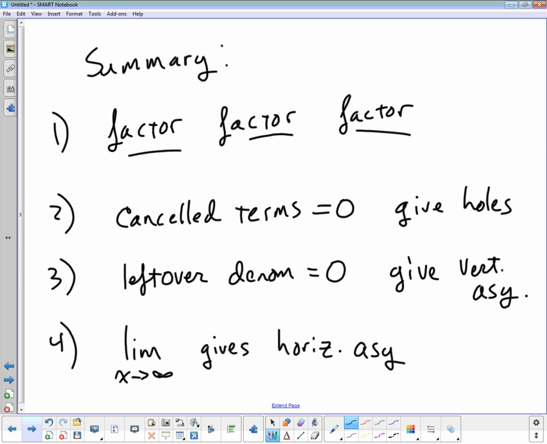Now, sometimes if you plug in infinity at step 4, you might explode off to positive infinity or explode down to negative infinity. In that case, you have an oblique asymptote. And at that point, you're going to have to fool around with division.